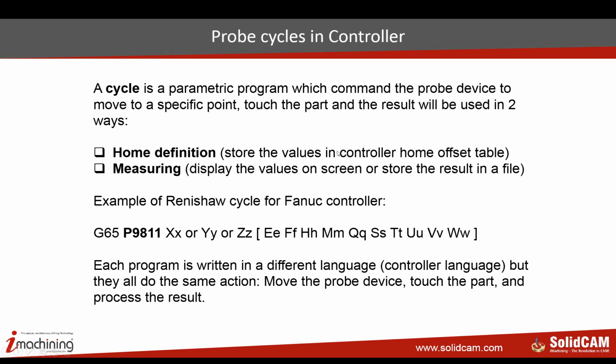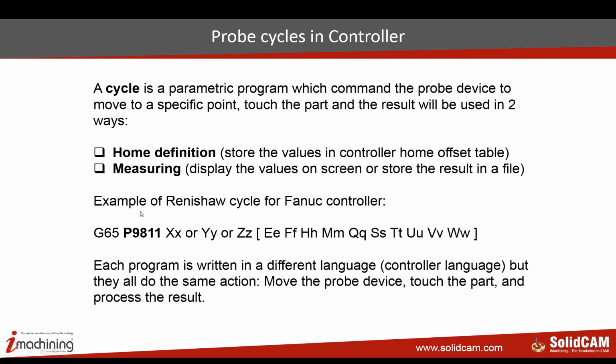It can store this value in the controller home offset table, so it's a home definition, or it's a measurement, so depending on additional parameters in this cycle, I can see the results on the screen, or it can be stored in a file in the controller.